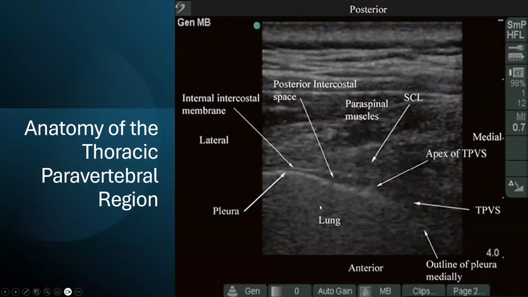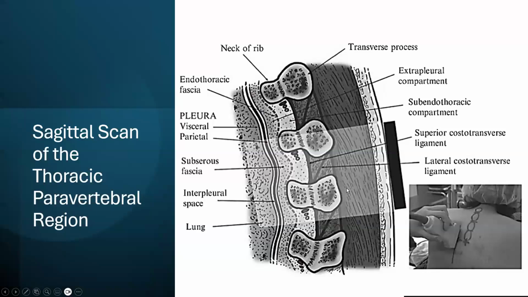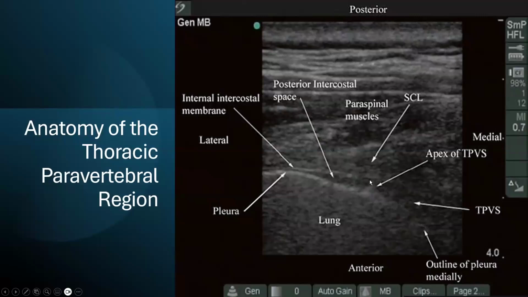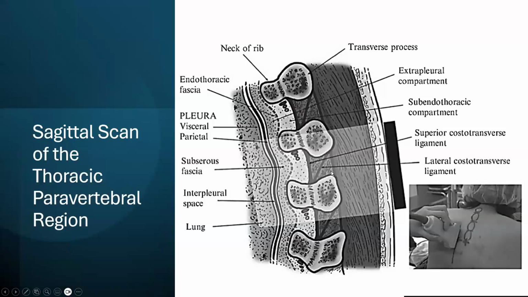And here anteriorly remains the lung. What is most important is that we should not cross this line. We should be anterior to the superior costotransverse ligament but posterior to the lung, and this is very important while doing this block.